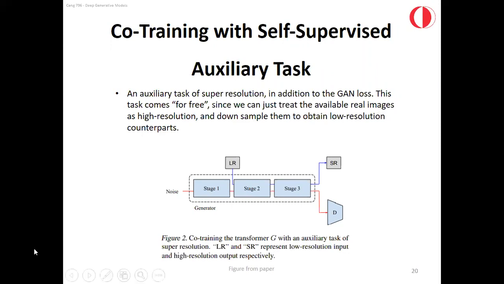For example, in traditional GANs, we have a noise image. We generate the image and put it into the discriminator, and the discriminator classifies it as fake or real.